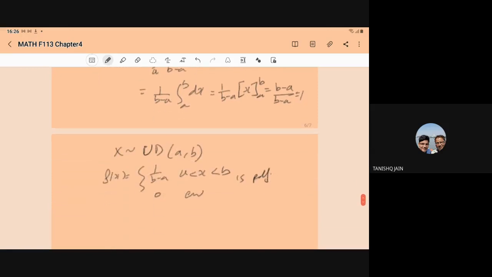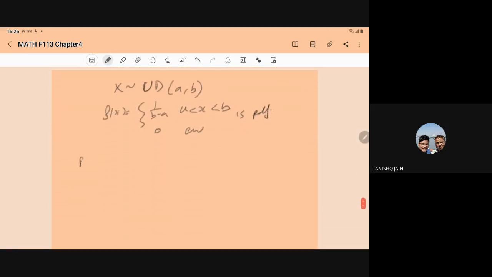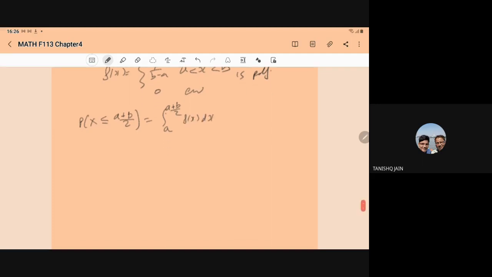So if you have to compute the probability that X is less than or equal to (a plus b) by 2, it will be from a, because from a your x values start, to (a plus b) by 2 of f(x) dx. So this will become integral a to (a plus b) by 2 of 1 upon b minus a dx.